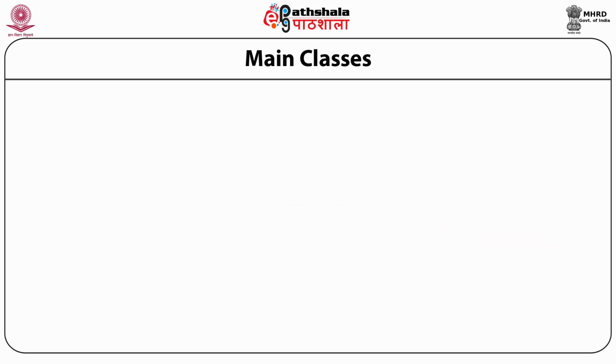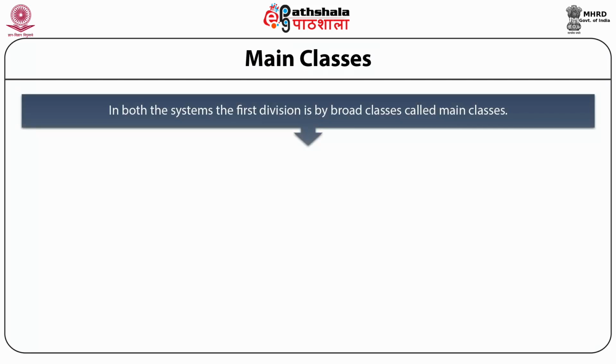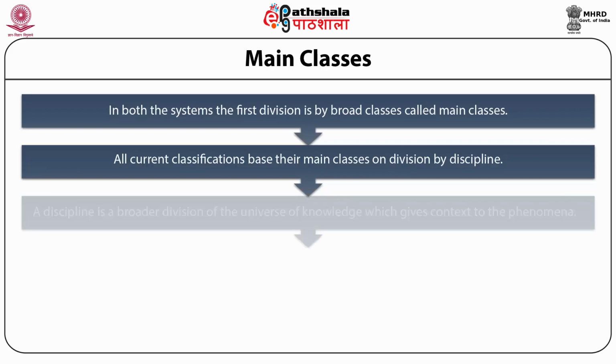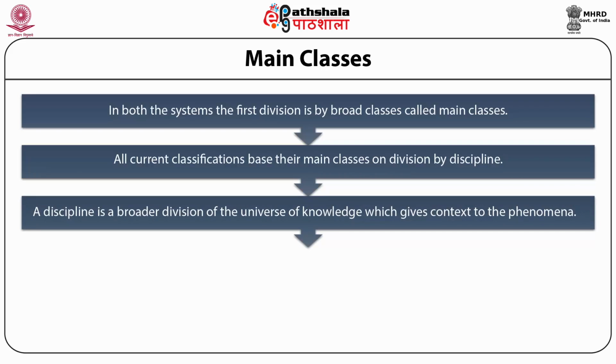In the schedules, the major divisions of subjects are by what are known as main classes. In both systems, enumerative and faceted, the first division is by broad classes called the main classes. All current classification systems are based on their main classes, and they are divided by discipline. A discipline is defined as a broader division of the universe of knowledge which gives context to the phenomena.